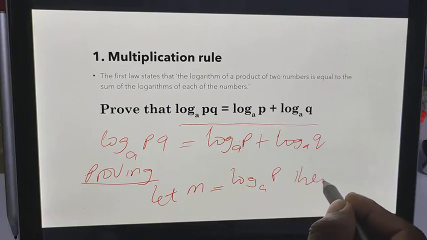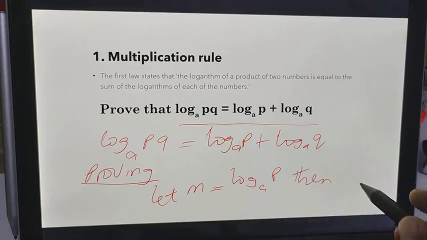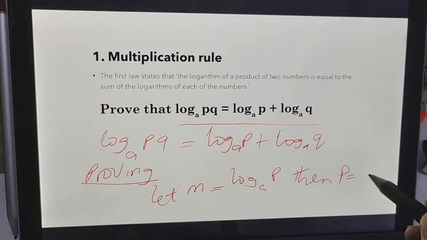Then it's obvious that p is equal to a to the power m. When m is equal to log p base a, it's the same as saying p is equal to a to the power m. That is it.